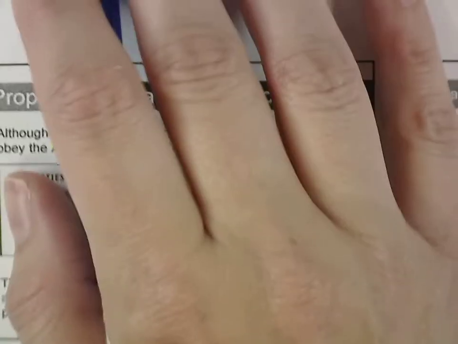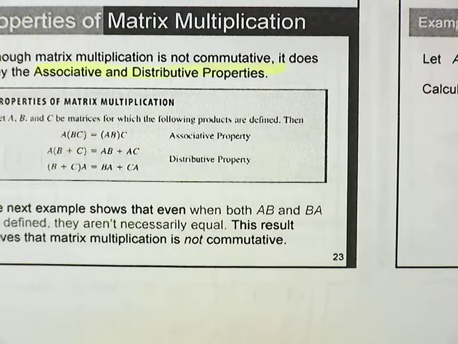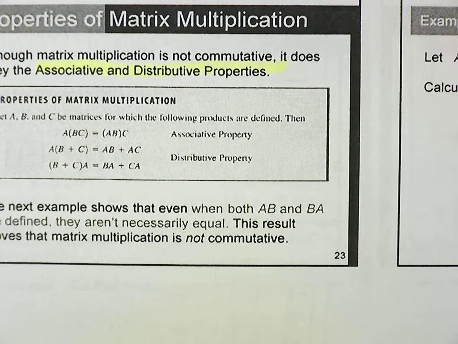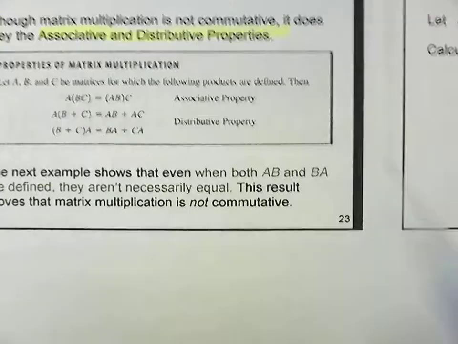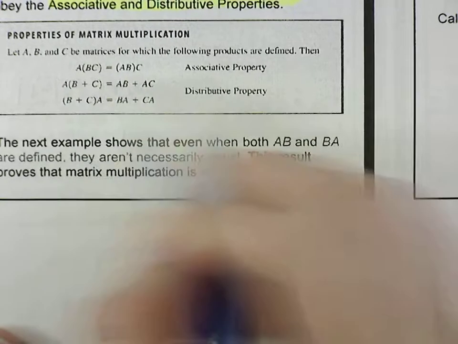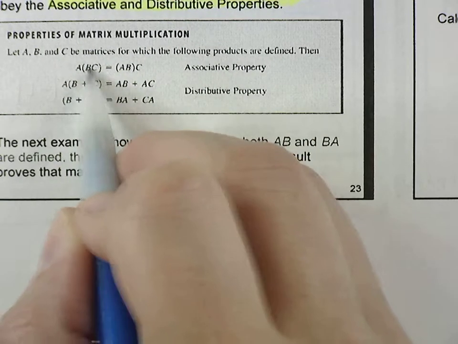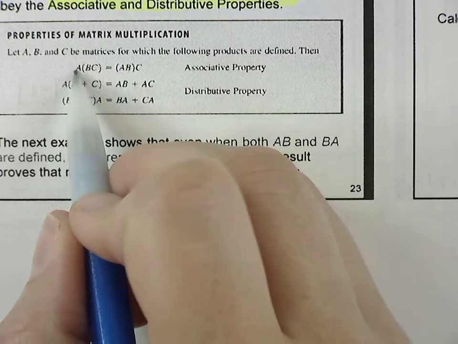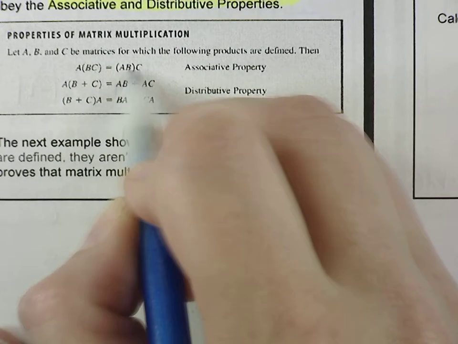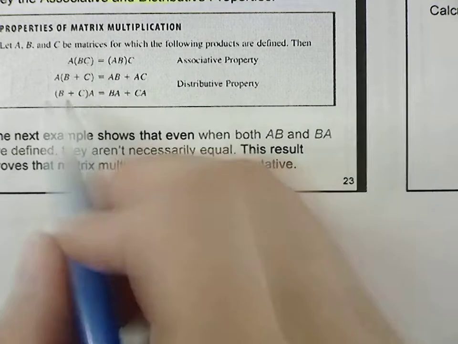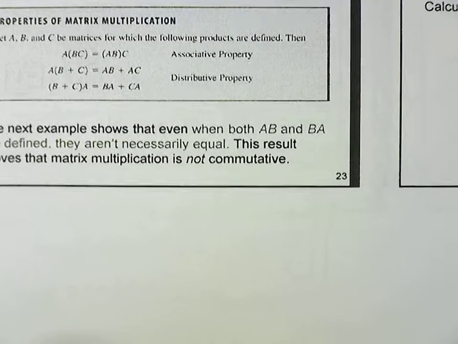We know that because if we did A times B, then B times A should be the same thing, but it's not. It's undefined. Okay, so the only things that are going to apply are the associative property. So you could multiply B and C together first, and then multiply that by A, or you can multiply A and B and then C, and then the distributive property is also going to work.